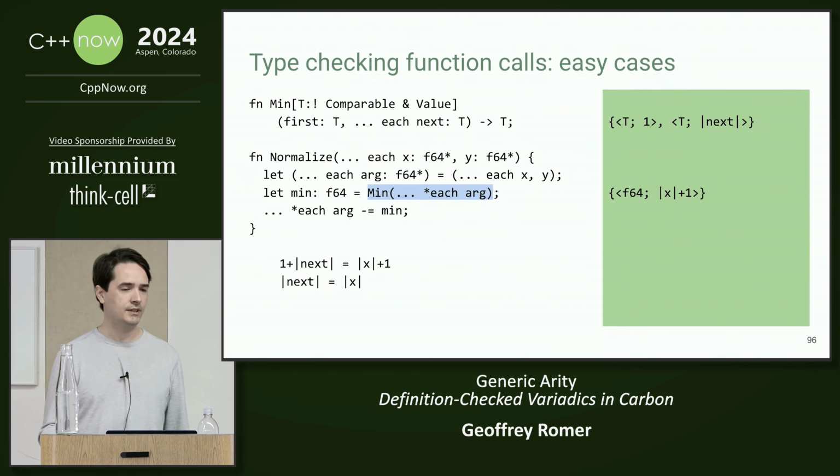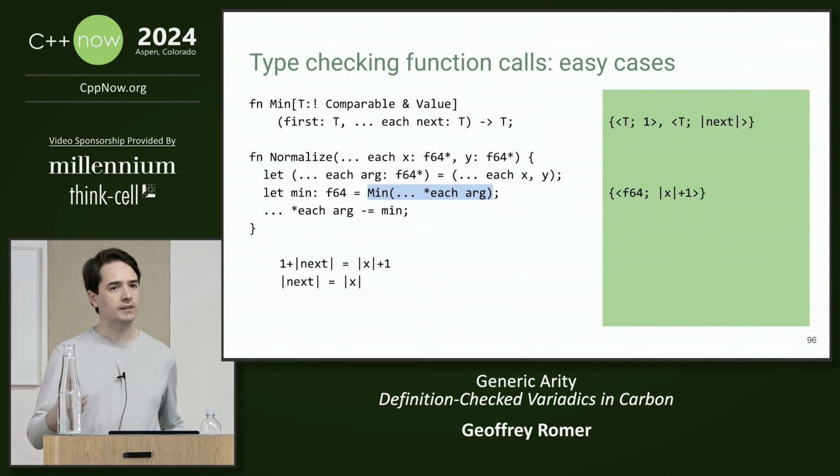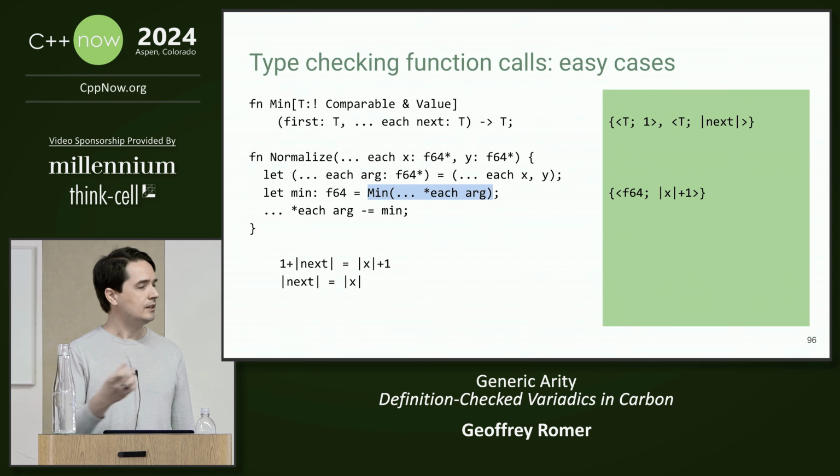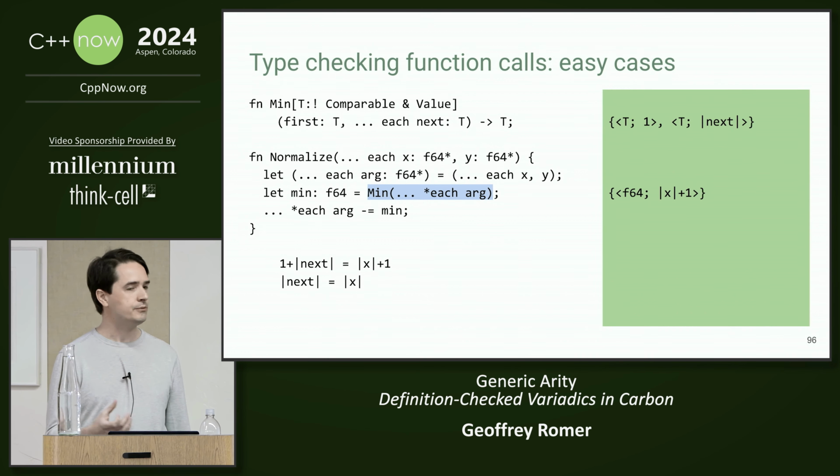We still need to check that the types match, though. But for that, we can do the same thing that we did before when we had 2 argument segments and 1 parameter segment, but we're doing it with 2 parameter segments and 1 argument segment. In other words, the first parameter has to be checked against F64 because there's nothing else that we can check it against.